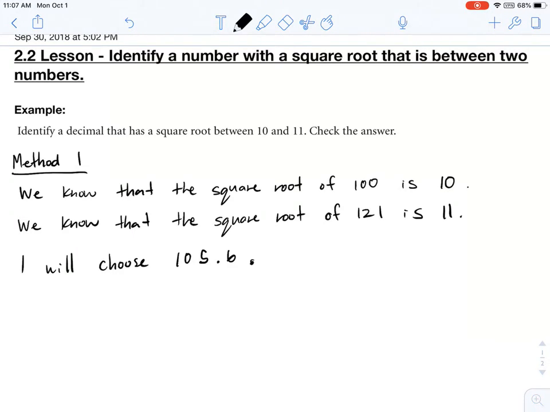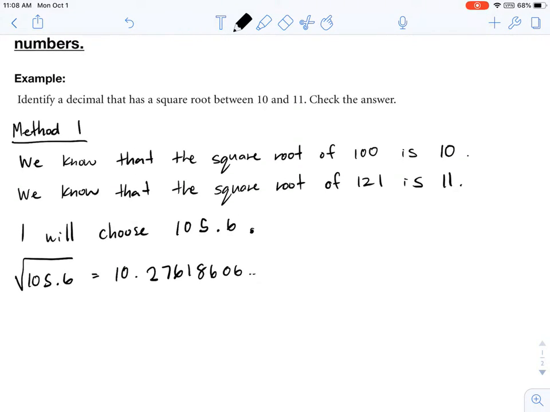So what I'm saying is, after I take the square root of this number, 105.6, it should fall in between 10 and 11, and it does. It's 10.2761806. And does 10.2 fall in between 10 and 11? Yes, it does.